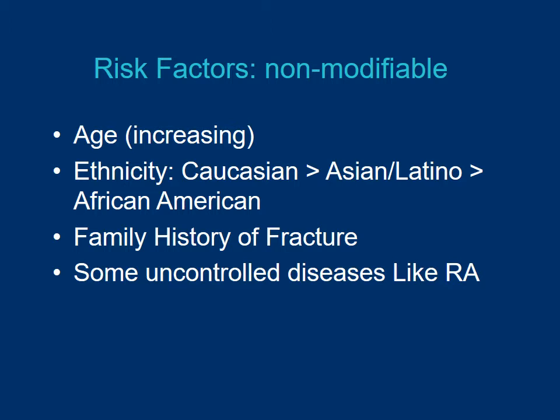Family history of fractures: if one of the parents, especially the mother, has had previous fractures, this carries more risk for developing osteoporosis. And if the patient has some uncontrolled severe diseases like rheumatoid arthritis.